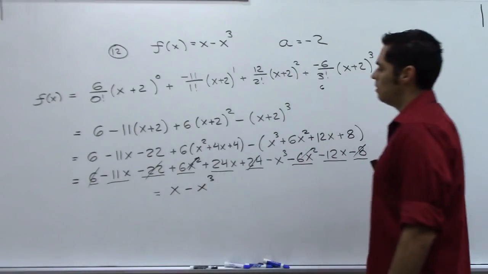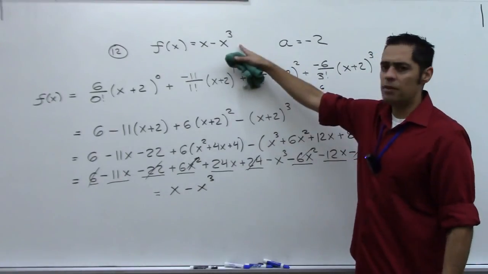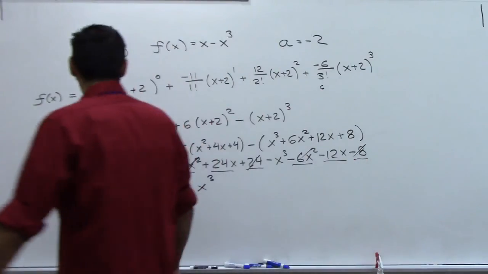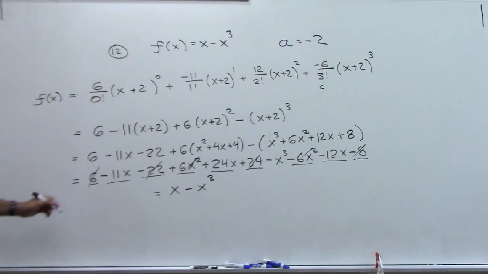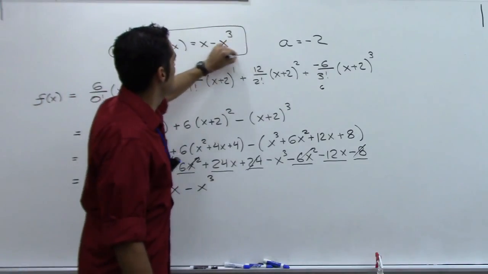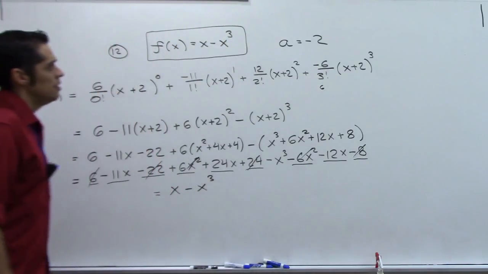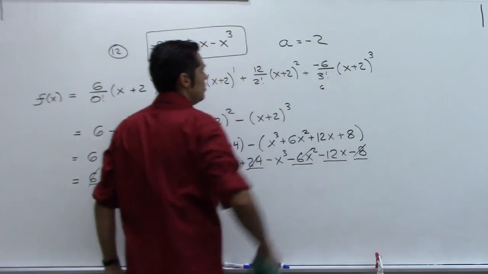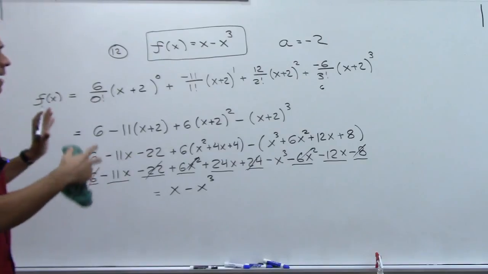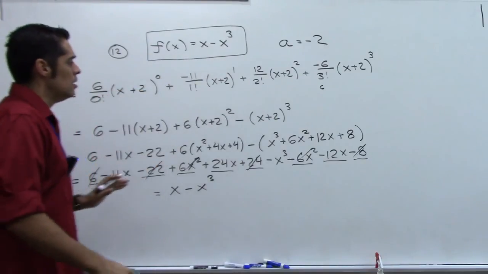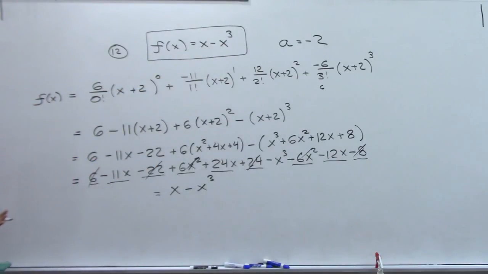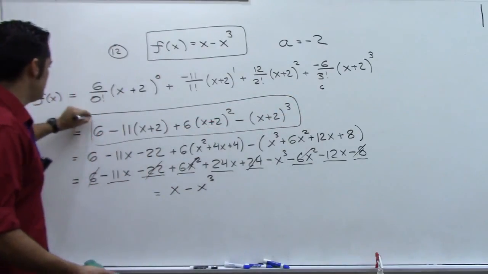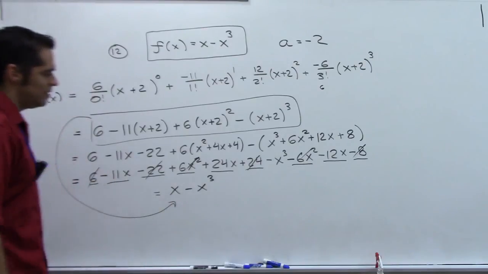Oh, whoa, wait, hold on. That's the original function. Look at that. So what we've said is that if you want to approximate this function near negative 2, centered at negative 2, so imagine that graph around negative 2, what should I use to approximate it? I should use this, but it turns out that this is actually the same function.